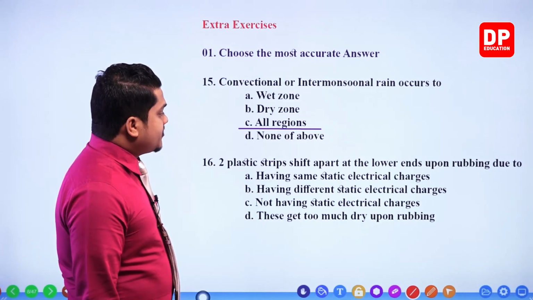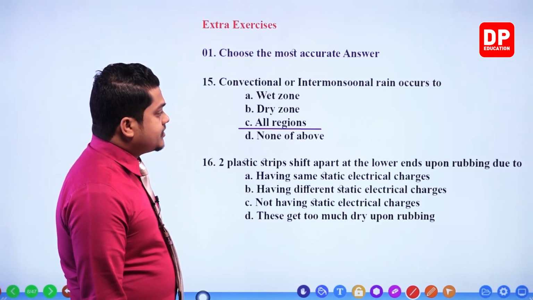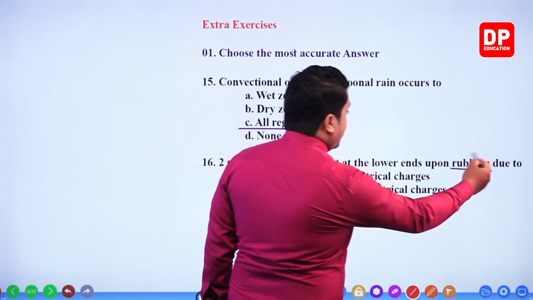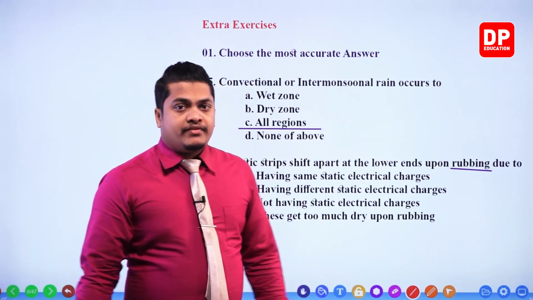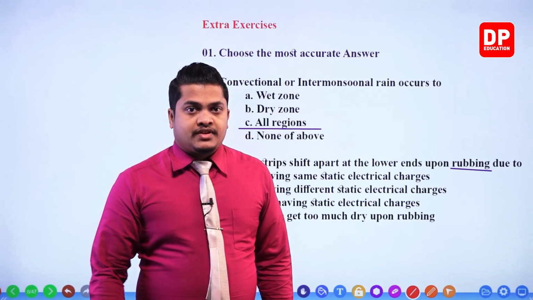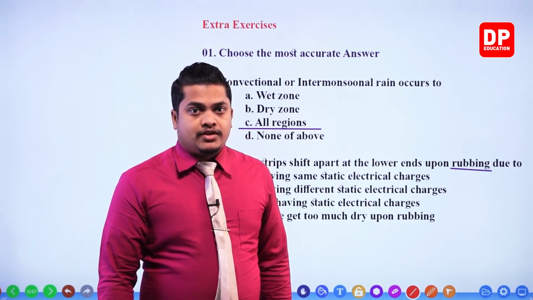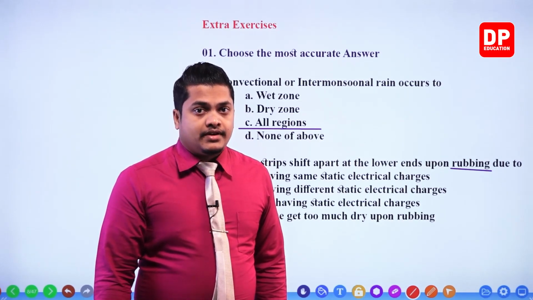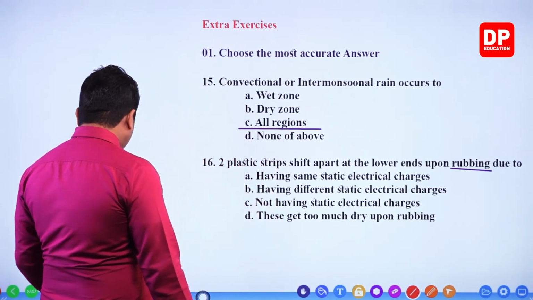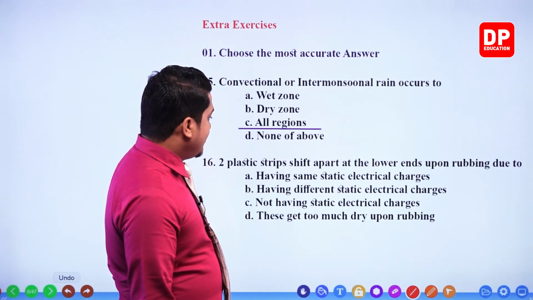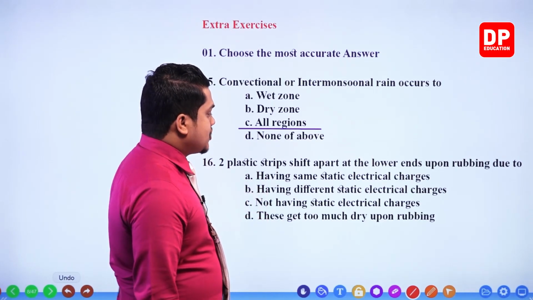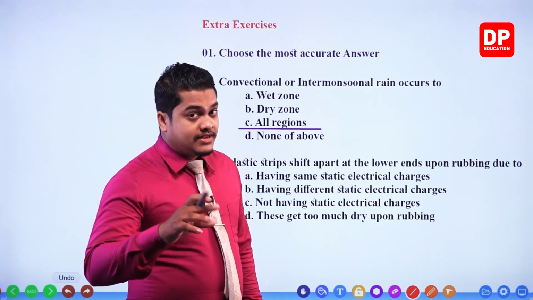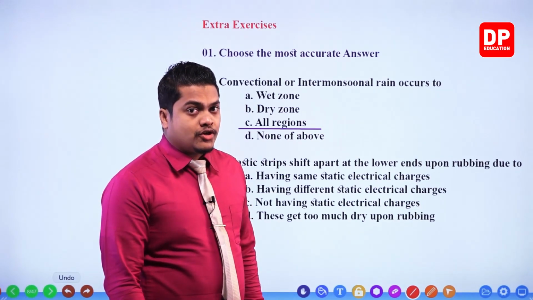Two plastic strips shift apart at lower ends upon rubbing. What will happen when you rub two plastic rods? Definitely they will get repelled from each other because of having static electrical charges.